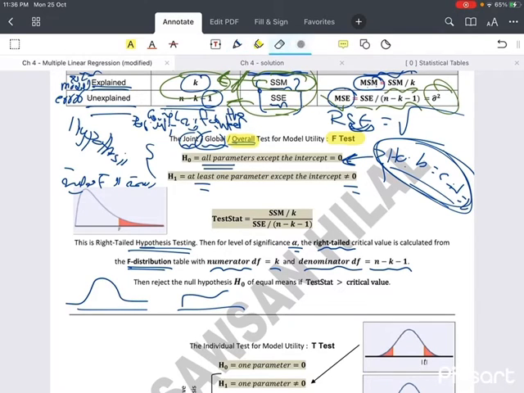Why is it turned like this? Z is wider. Okay, this will be Z and this will be T. But the F is not like them, it is different, it is positive. So here they said you will see it as right-tailed.